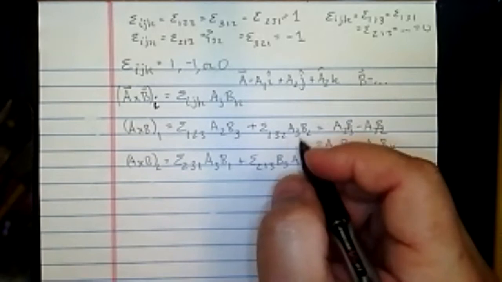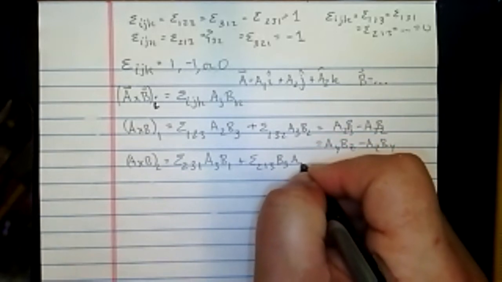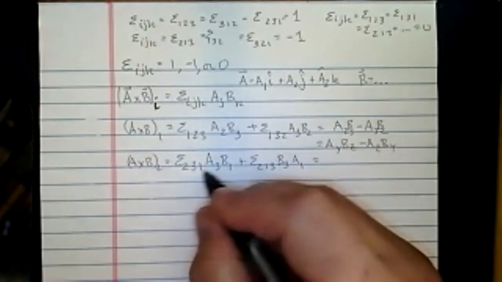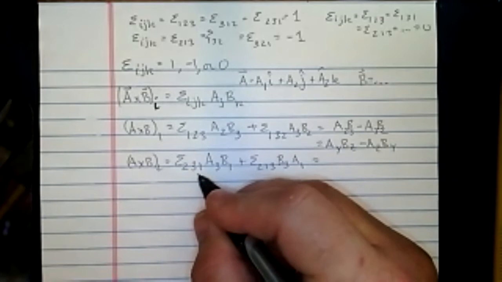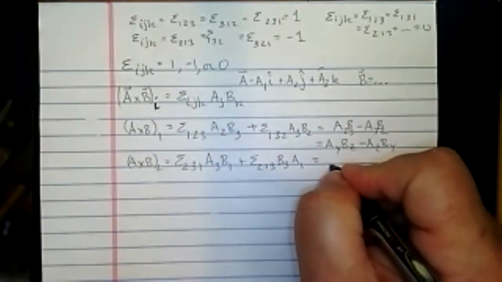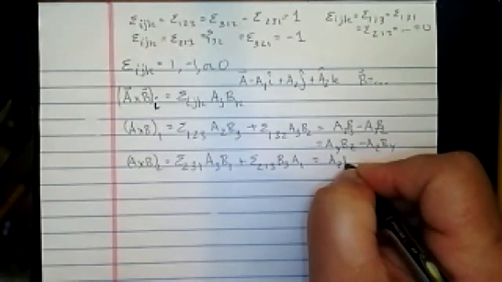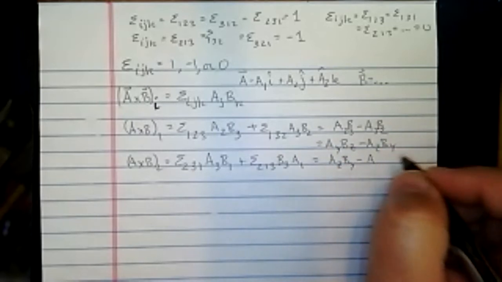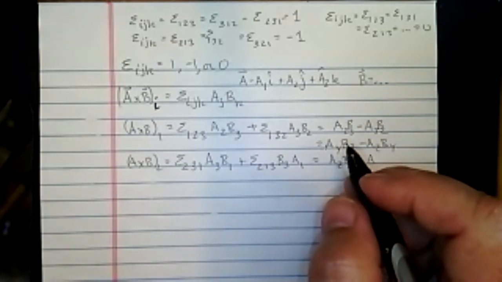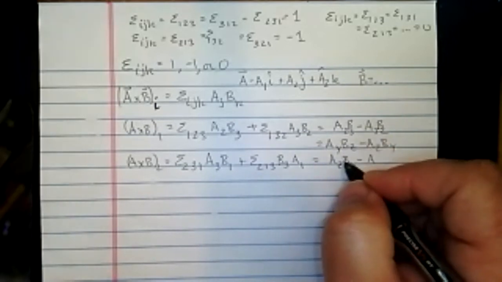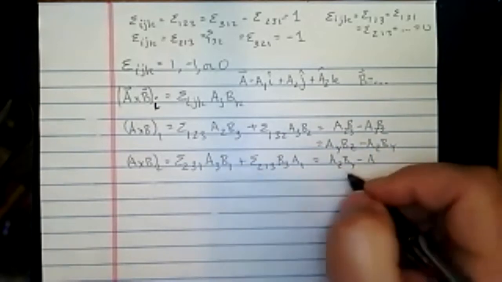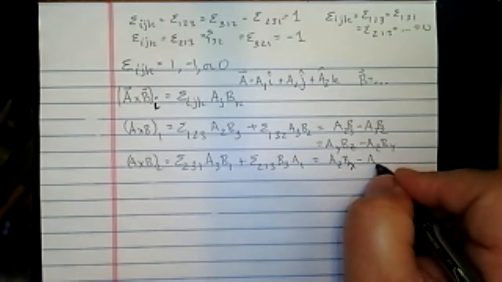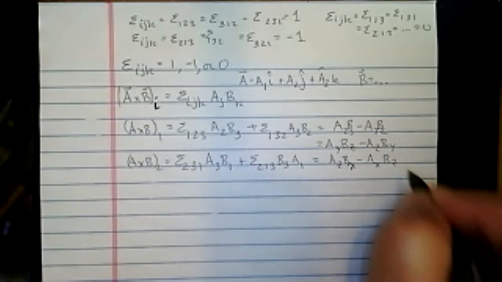I've just put them in a weird order. So 2, 3, 1, of course, is one of our cyclic permutations, so that's just 1. So I'm going to say A sub Z, B sub X minus A sub X, B sub Z. Sorry about that.